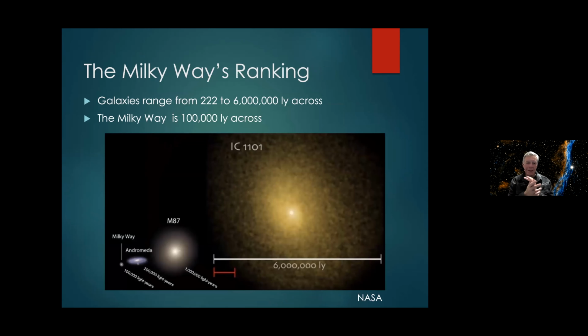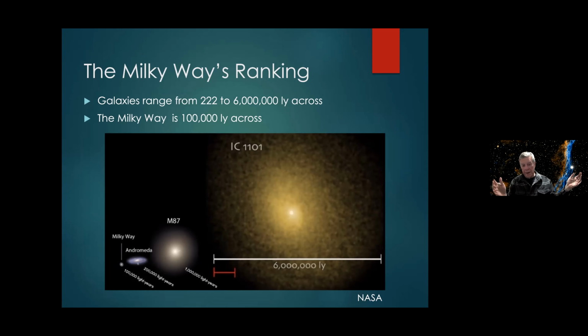I mean, the range of galaxies, one of the smallest galaxies, a dwarf galaxy, is only about 222 light years across, all the way up to our Whopper friend IC 1101, which is 6 million light years across, and of course it's a giant elliptical galaxy.